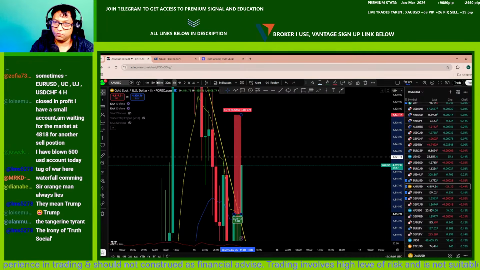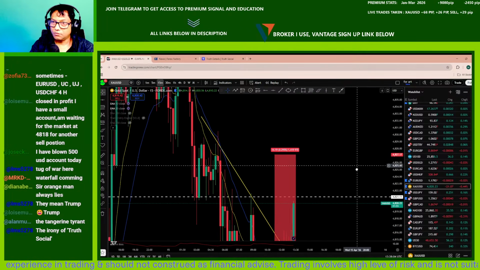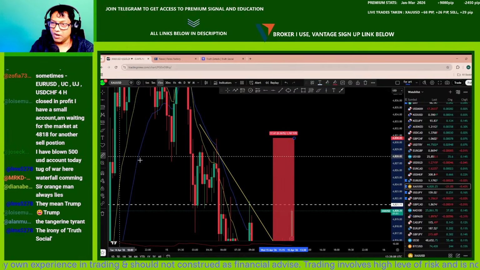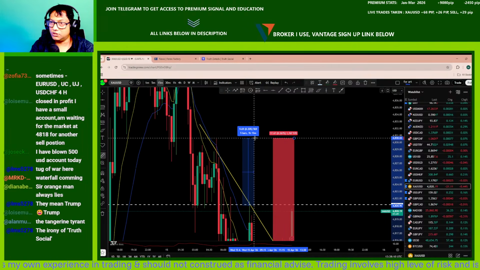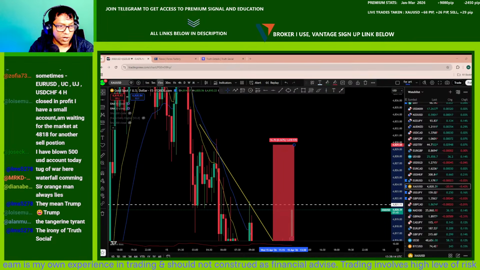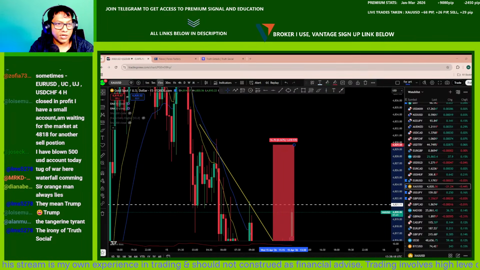There is a chance for this market to drop again. So I'll be moving the stop loss the same number of pips here, okay? So I'll be moving another around 80 pips. So I'm moving the stop loss higher, so I'm not taking the loss here.